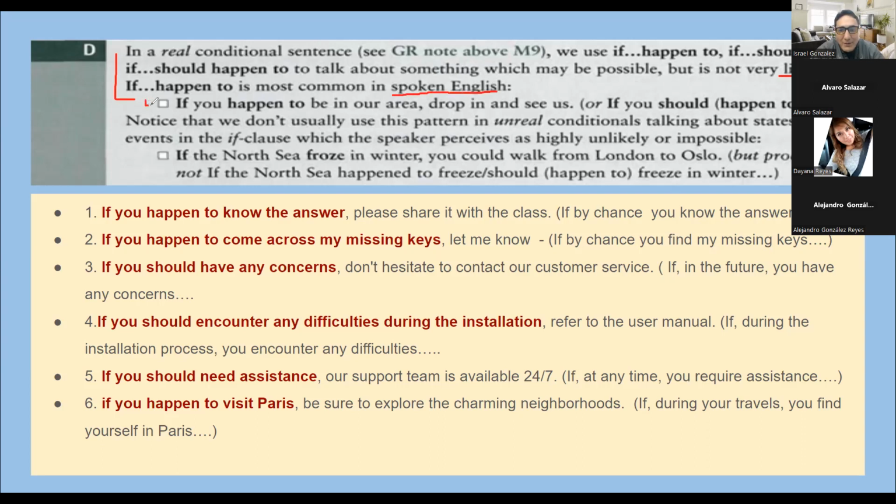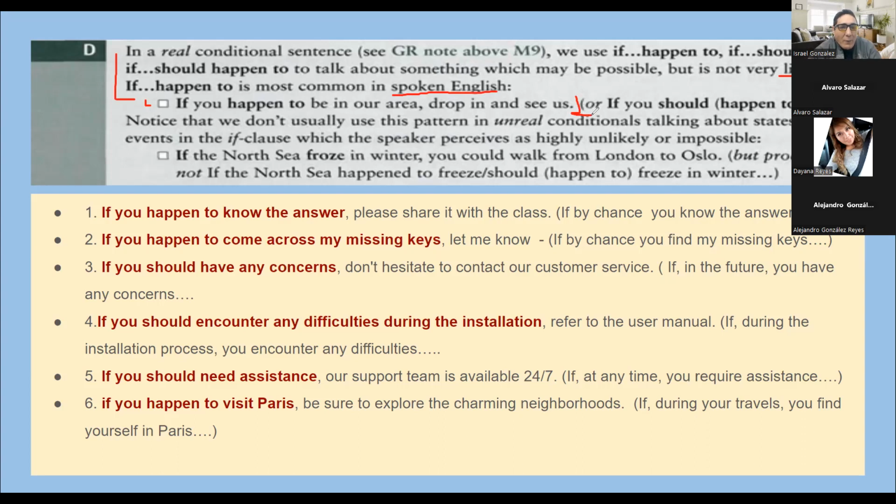Well, the first example: If you happen to be in our area, drop in and see us. So you don't think that it is very probable or very likely to happen, but you still want to say it, to invite this person.